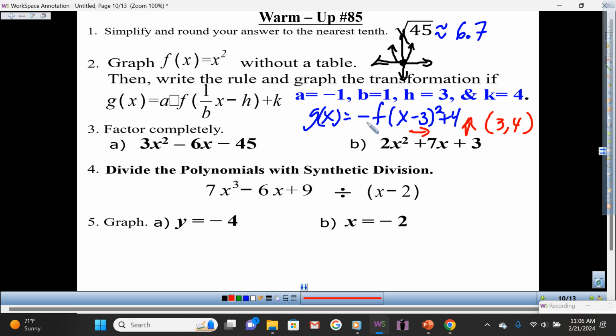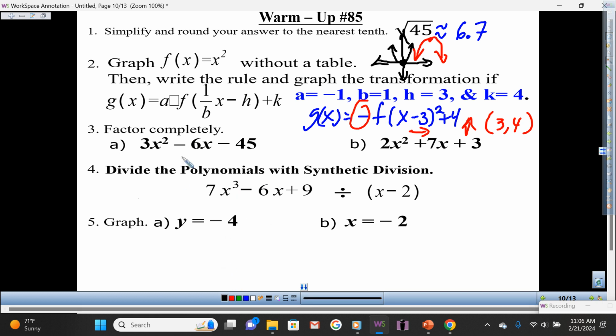And what else? The negative 1 flips it upside down, so it's 3, 4, so somewhere up here and upside down. Hands if you got that. That is correct.